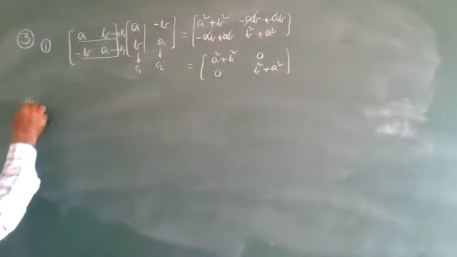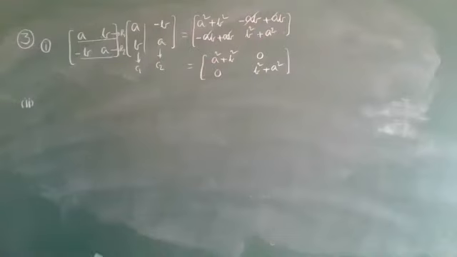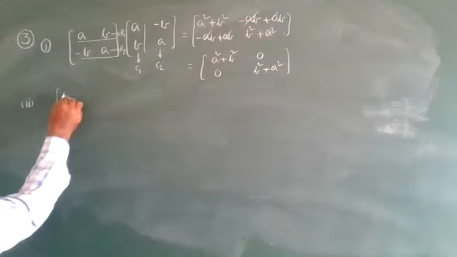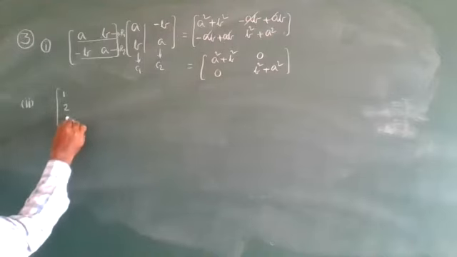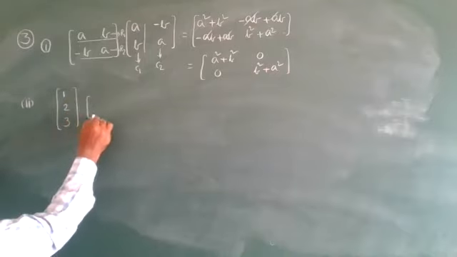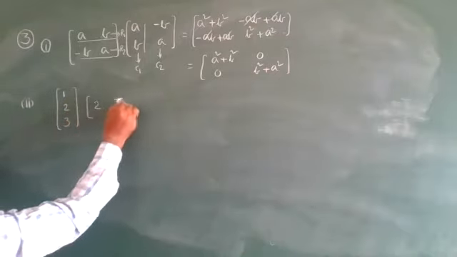All right, second bit is a column matrix 1, 2, 3 and a row matrix 2, 3, 4.